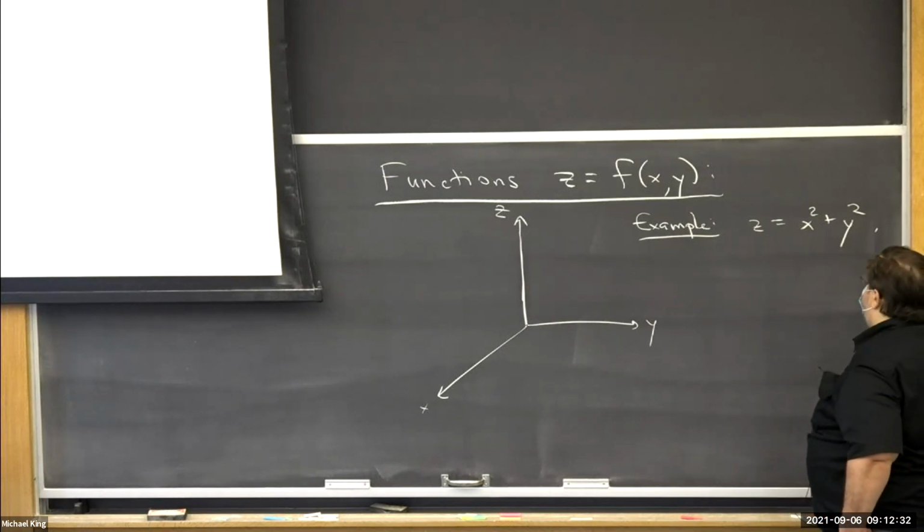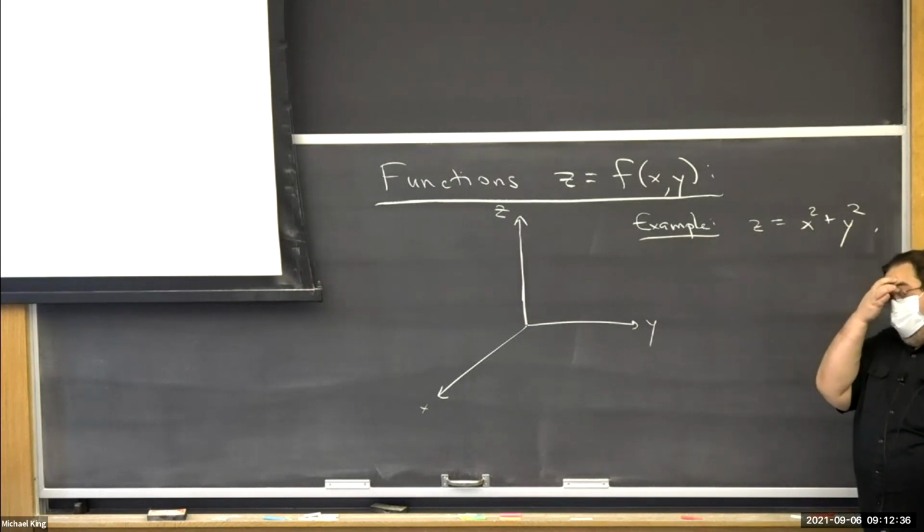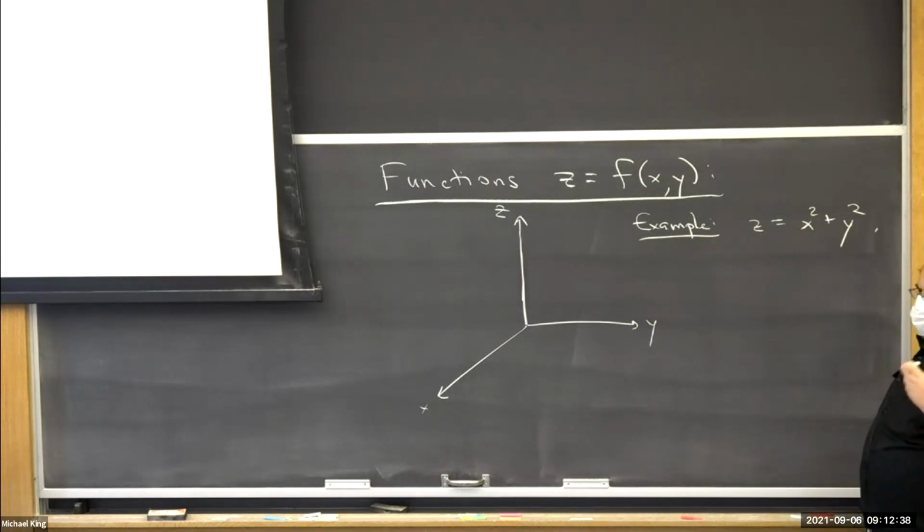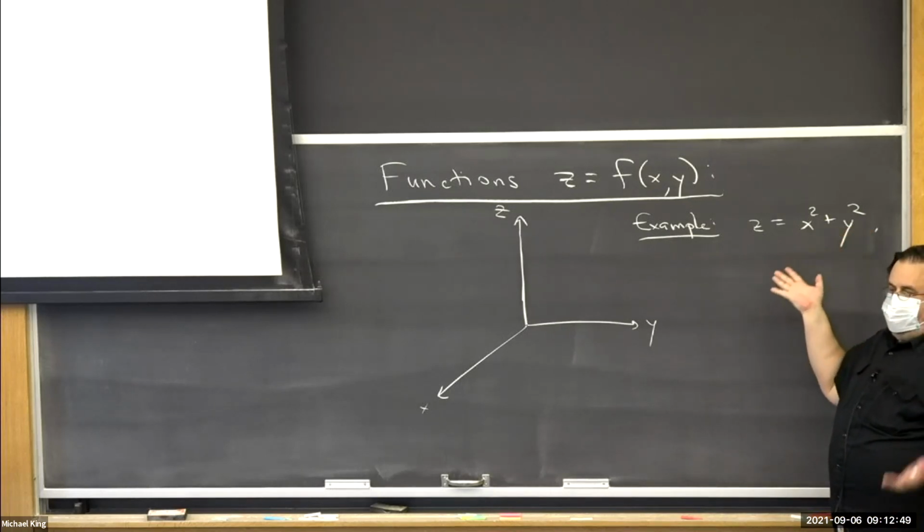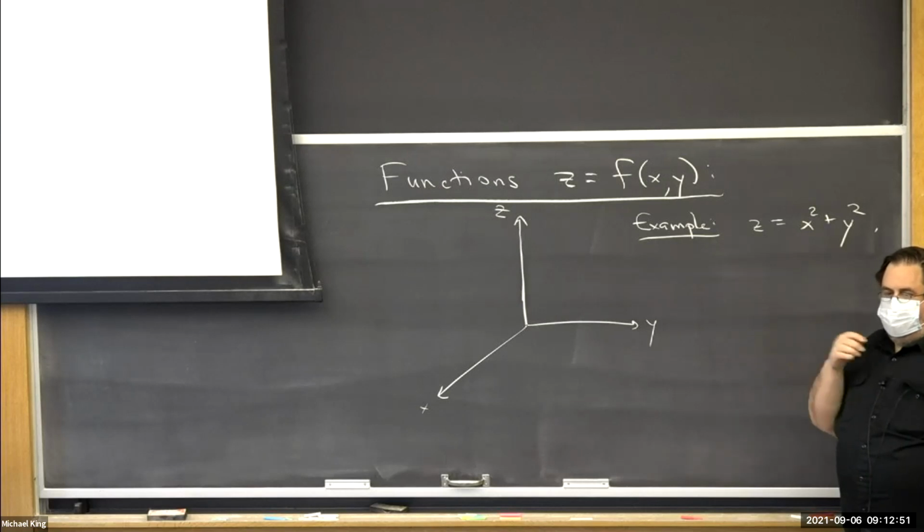What you can start to do, the most basic thing you can do, is just start plugging in values of X and Y. Just like if you were given some function and you didn't know how to graph it, you could plot points.